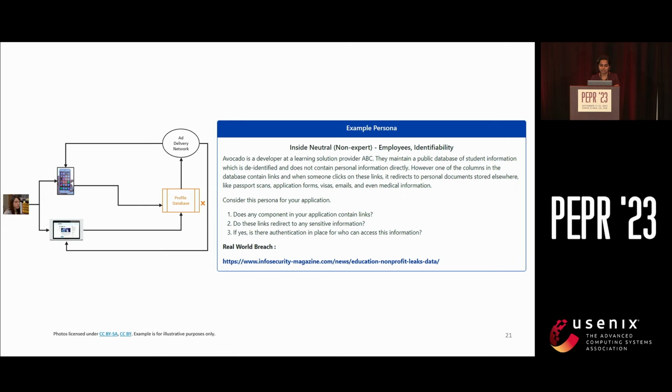For example, in this profile database, one of the columns may contain links, and those links might lead to something like social security numbers that they store via those links. Some of the questions you can ask during the threat modeling session are: does your database contain links? Do they redirect to any sensitive information? And if they do, what kind of authentication mechanisms are in place to limit access to this information?